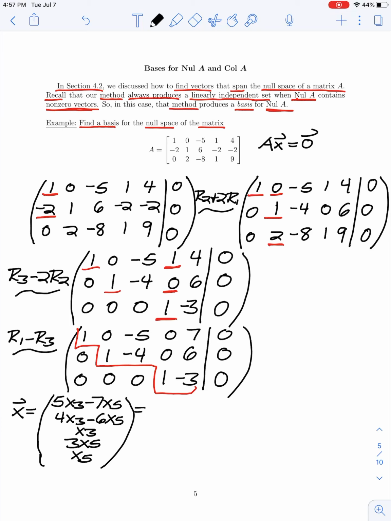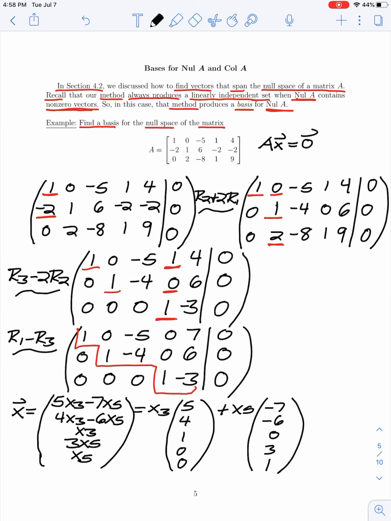If we write this as a linear combination of vectors where our weights are the free variables, we could write this as x3 times the vector 5, 4, 1, 0, 0, plus x5 times the vector negative 7, negative 6, 0, 3, 1.